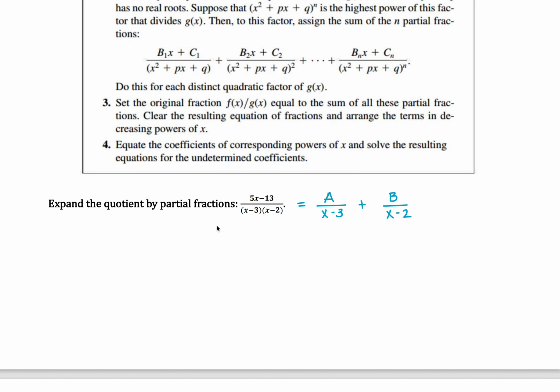If we were to tackle a problem similar to this in an algebra class, we would say, well, let's first get rid of the denominators. How do we do that? Multiply everything by the common denominator.